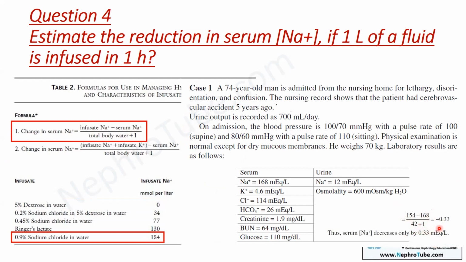This will give minus 0.33. Always the result here will carry a negative sign. This means that every 1 liter of saline, which will be infused over 1 hour, will decrease the sodium level of the patient by 0.33 milliequivalent per liter.